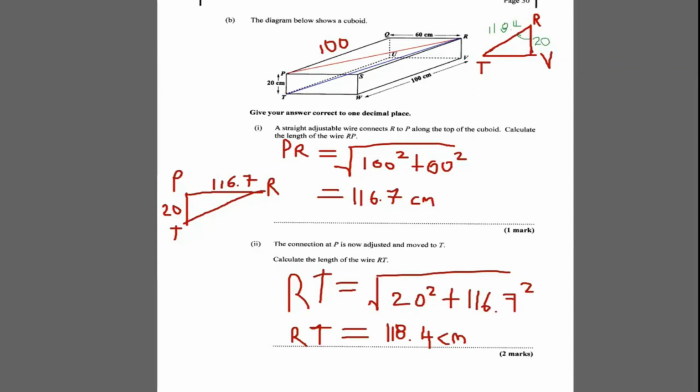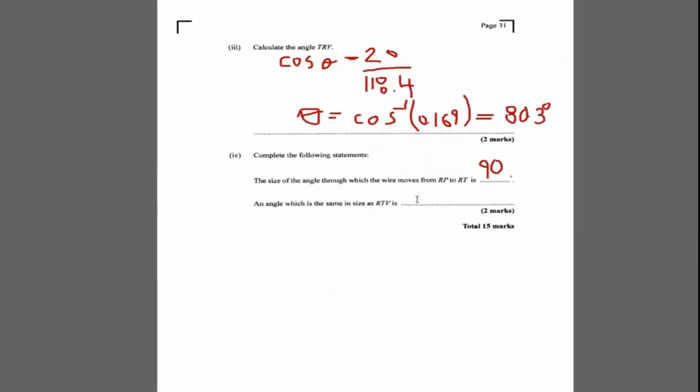And I can justify it: if you were to find RTP, RTP is going to be cos inverse of 20 over 118. Yeah, that's RTP.